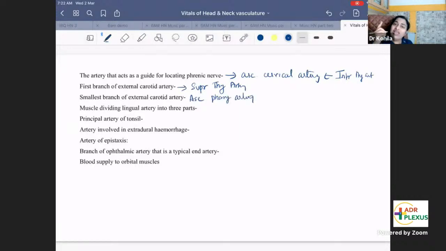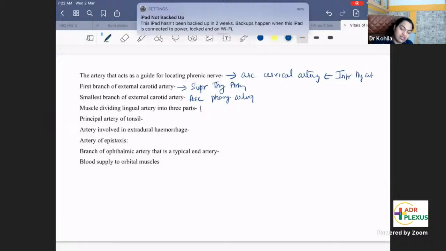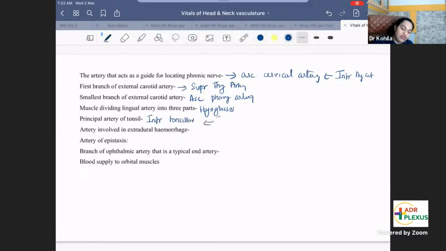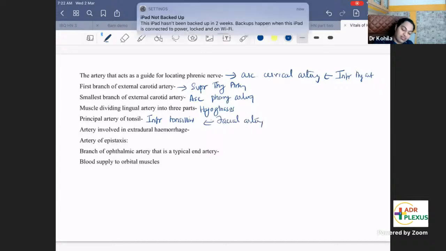The muscle dividing lingual artery into three parts, hyoglossus. The principal artery of tonsil, inferior tonsillar artery, that's a branch from facial artery.